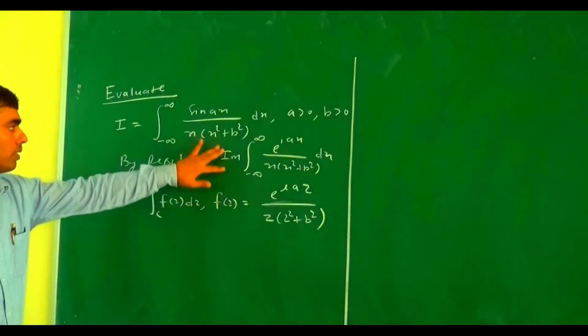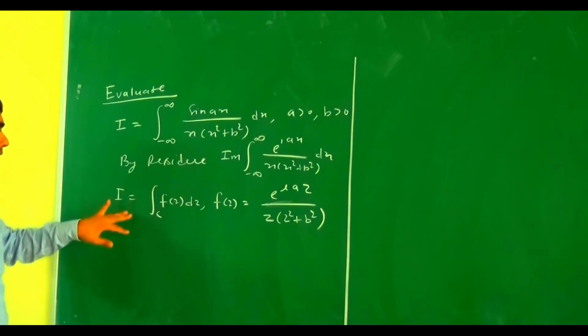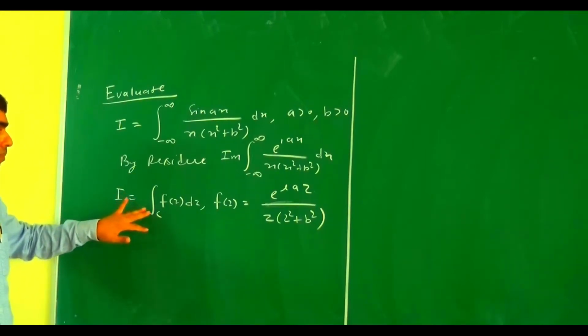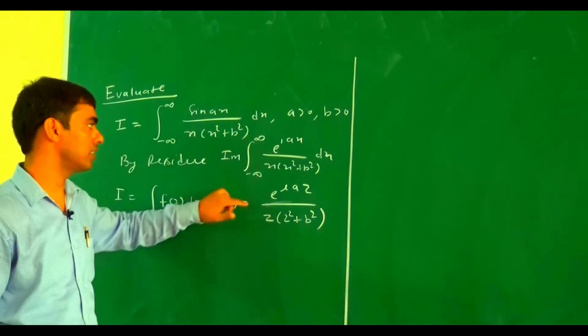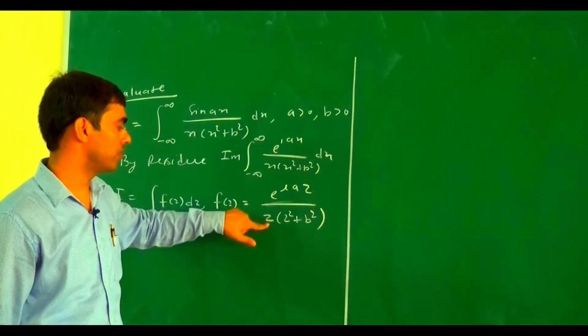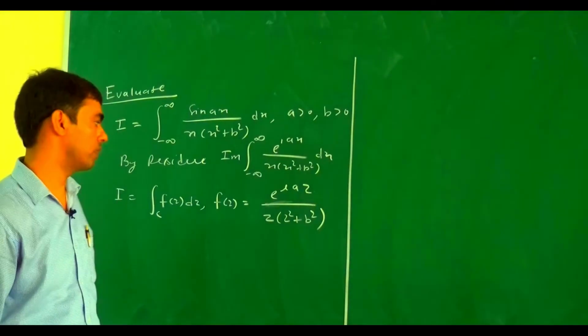So we write the equivalent complex integration, I equal integrate over c f z dz, where f z is e to power I z divided by z square plus b square.